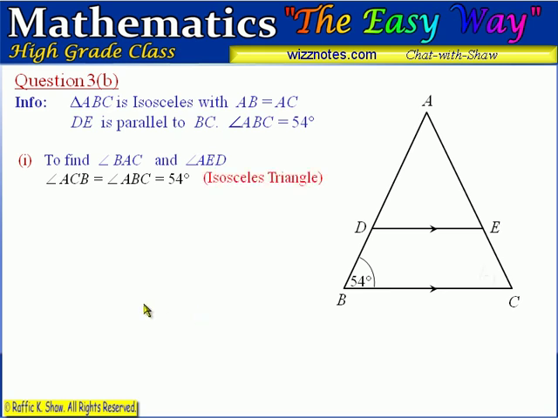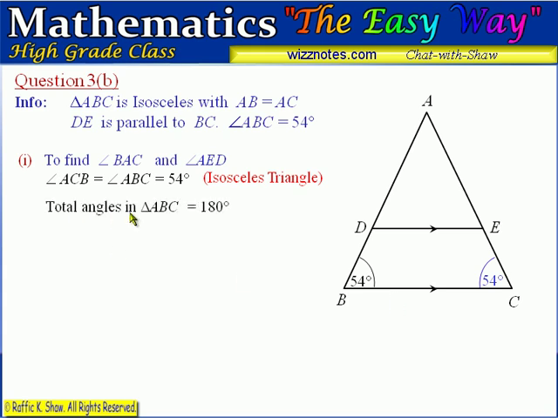And then we can show that 54 degrees on the diagram, and then in this triangle the total of the angles is 180 degrees, so we can find this angle here by considering that the total angles in a triangle is 180 degrees.